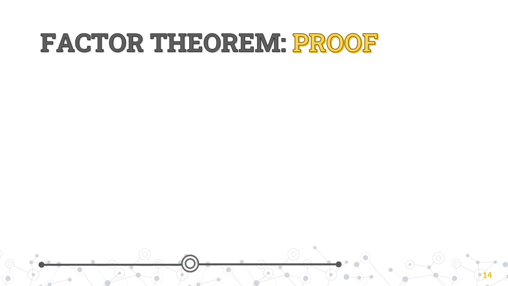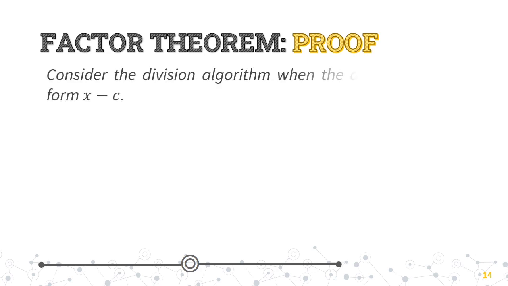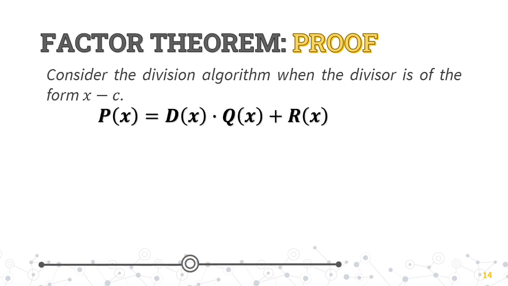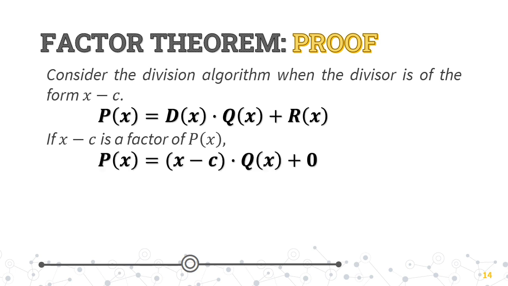Proving the factor theorem, we will consider the division algorithm when the divisor is of the form x minus c. That is, p of x is equal to d of x times q of x plus r of x. And if x minus c is a factor of p of x, we have p of x is equal to the quantity of x minus c times q of x plus 0.